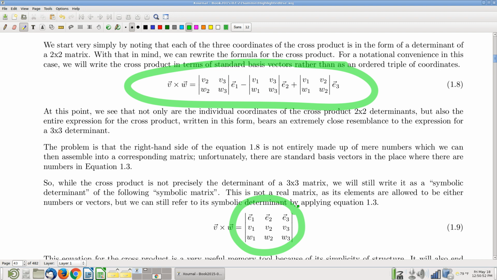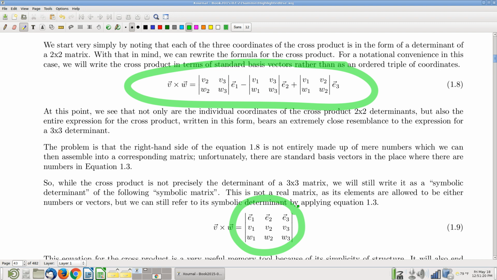These aren't numbers. E1 is a standard basis vector, not a number, and likewise E2, E3. So it's not clear we should be calling this a matrix, and it's not clear what we would mean by the determinant. Certainly I can't visualize this determinant as representing a parallelepiped. Yeah, not really. It's just not a vector up there, right?